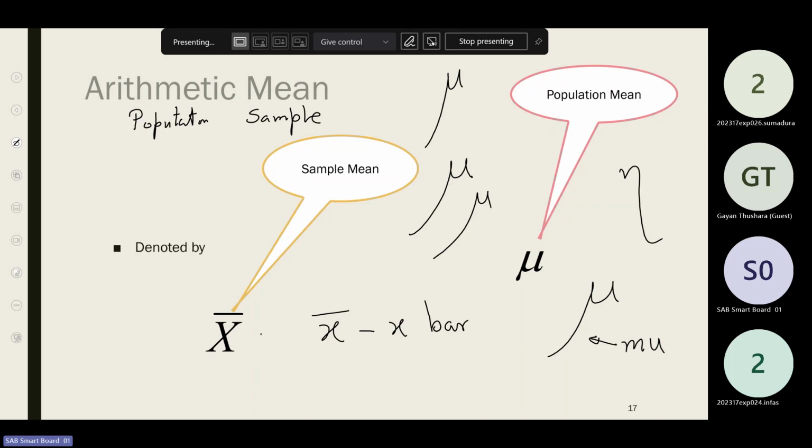Then we said, according to the way it is presented, we can classify into three types: discrete, frequency, group. So, two types here, population and sample.